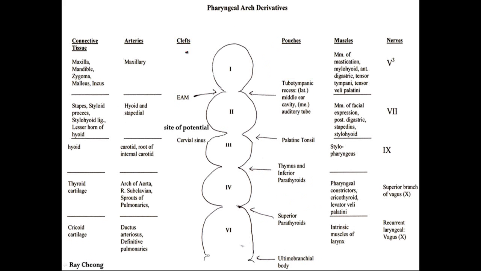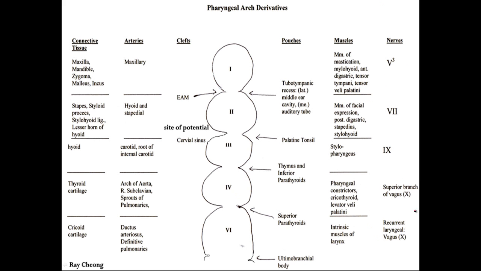All right, let's go back and talk a little bit more about the connective tissues in the arches themselves. Arch 1, what nerve? 5. Arch 2, 7. Arch 3, 9. Arch 4, 6, 10. 5, 7, 9, 10.